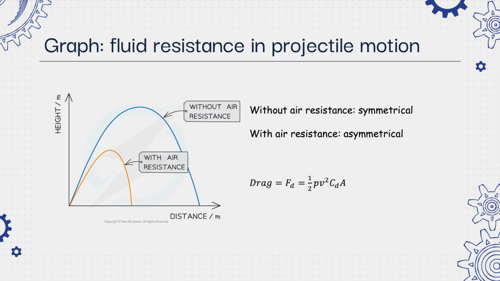So the drag, the force of drag, equals half of rho V squared Cd A. Rho is the density of the fluid, V is the velocity at which the object is going, Cd is the drag coefficient, so it depends on the surface, and then A is the area of the object.